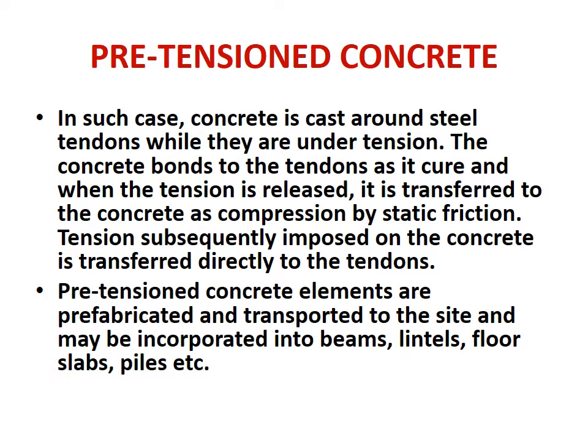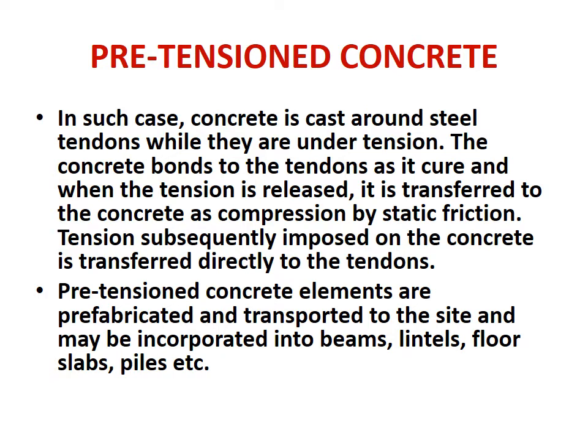In pre-tensioned concrete, concrete is cast around steel tendons while they are under tension. The concrete bonds to the tendons as it cures, and when the tension is released, it is transferred to the concrete. Tension subsequently imposed on the concrete is transferred directly to the tendons.